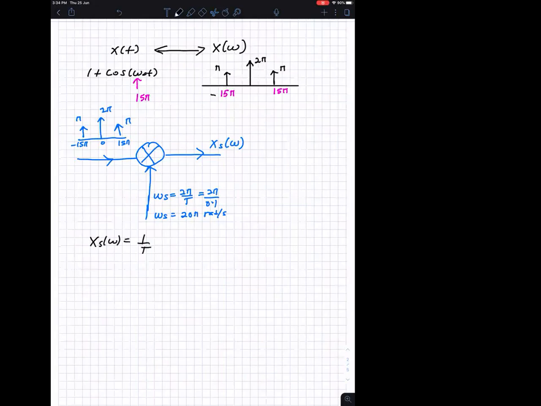It's 1 over T. I'm rewriting this formula again. So T is 1 over 0.1.